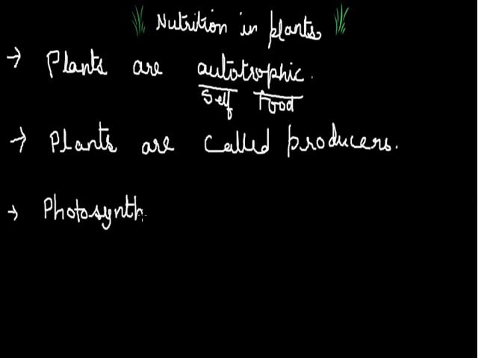The word photo is generally used in biology for light, and synthesis, as we all know, is making. So, simply from the word itself we can know photosynthesis is making something in presence of light, and making food in the presence of light is thus called photosynthesis.